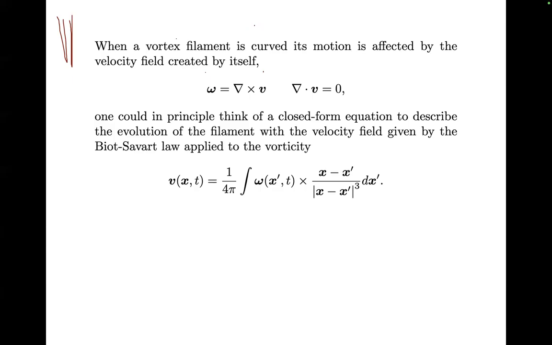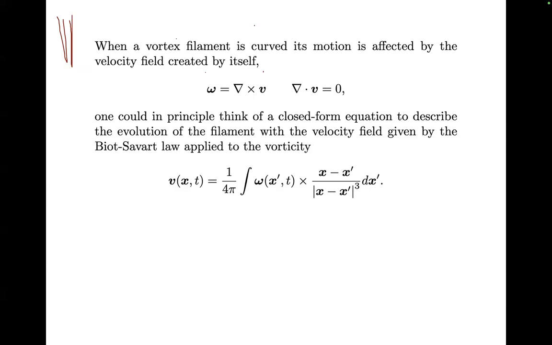The curl of the velocity is the vorticity. And I will be dealing with incompressible fluids, so my fluids have the property of incompressibility, that the divergence of u is 0. So if you are given the vorticity, to compute the velocity is to invert the curl operator, and this is done through a singular integral, which is the one you see on the slide.